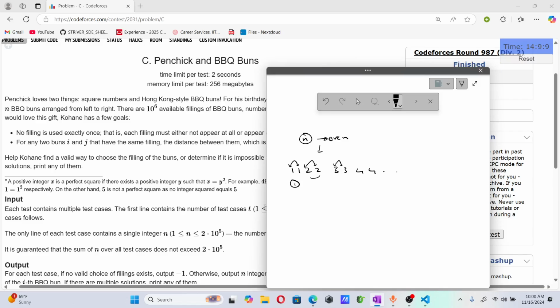So if n is odd, it is written as a group of 3 into p plus a group of 2 into q, right?